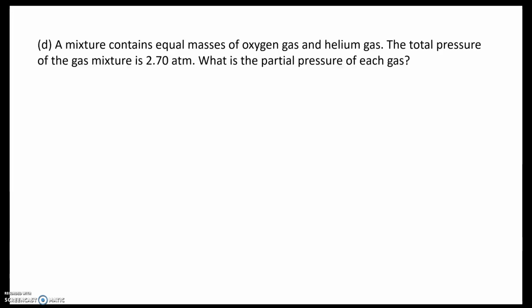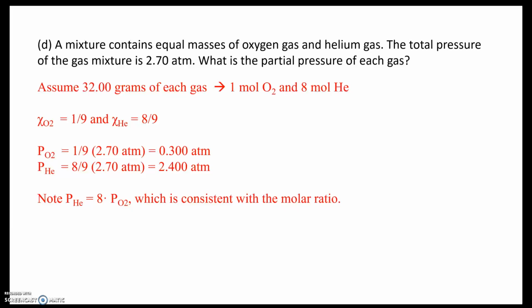All right, a mixture contains equal masses of oxygen gas and helium gas. The total pressure is 2.70 atmospheres. What's the partial pressure of each gas? All right, let's just assume I have 32 grams. No reason to know that.